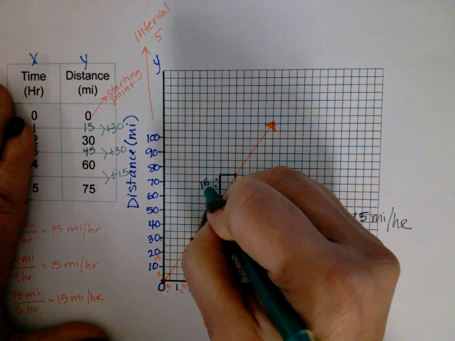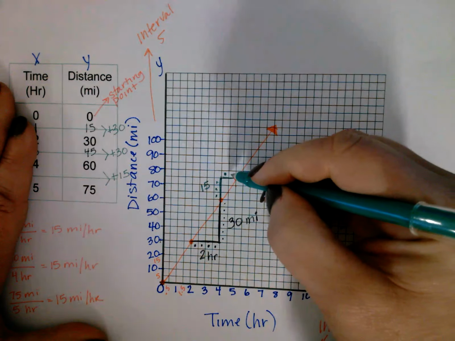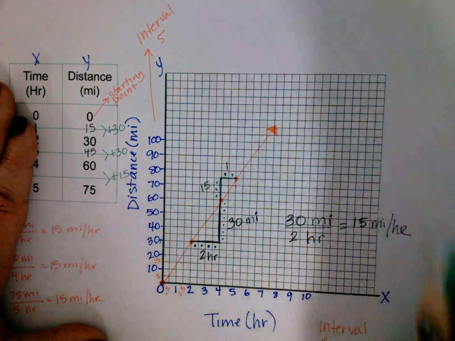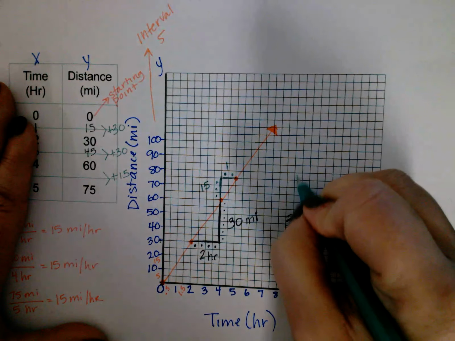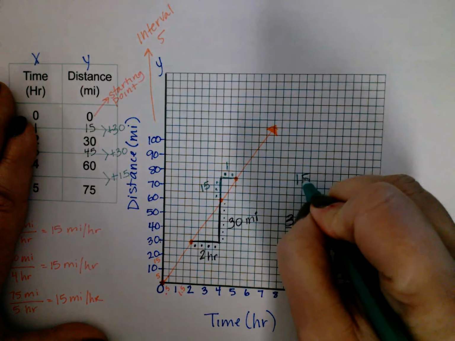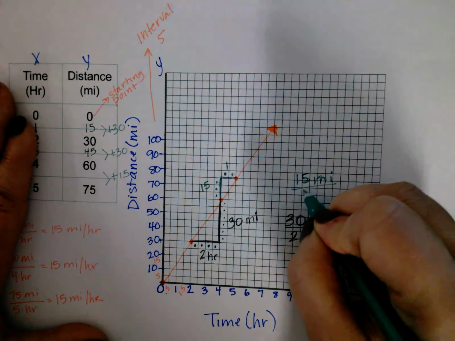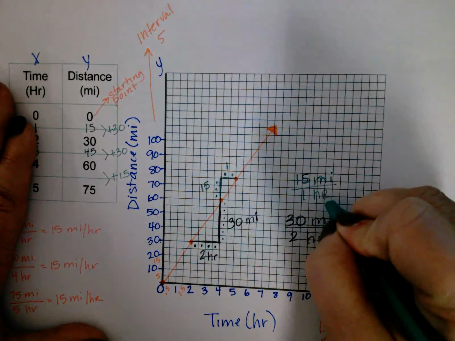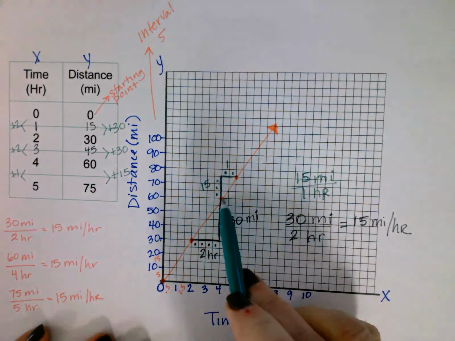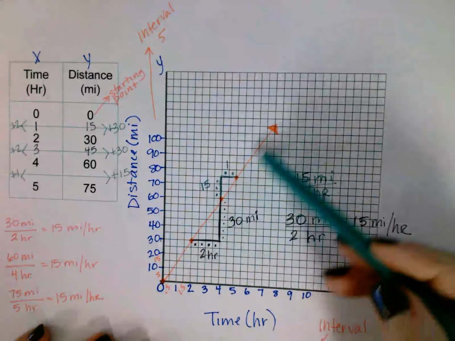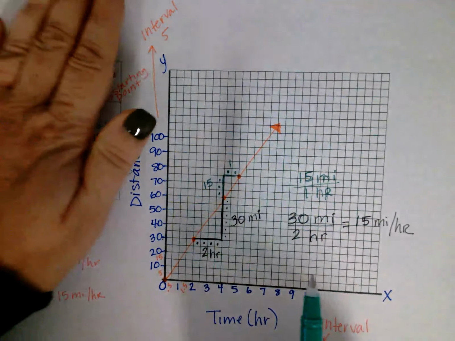This is 15 tall, so to say. And then here's a half, 1 wide. So for distance, it would be 15 miles in the 1 hour. So that was another way we could calculate the rate of change or the speed using the graph if we didn't have the table.